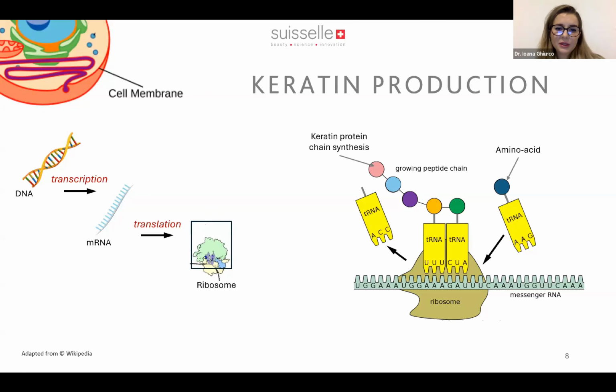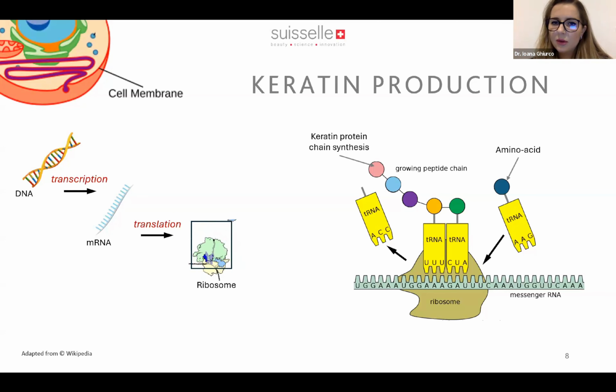The keratin production is an important event. It occurs in the hair bulb. This is where the keratinocytes proliferate and differentiate. As the cells move upwards through the hair follicle, they start to synthesize keratin proteins, which will aggregate. They will form cross-linking, and then we will form the hair shaft.